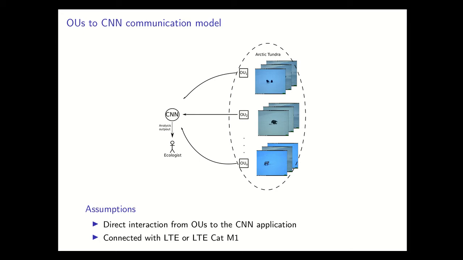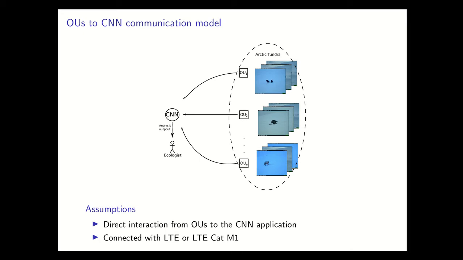And then this machine will give the results to the ecologists. But each OU generates pictures. These pictures are not used locally, but just sent to the machine that has the CNN running. And we assume that this is done with networks such as LTE or LTE Cat M1.